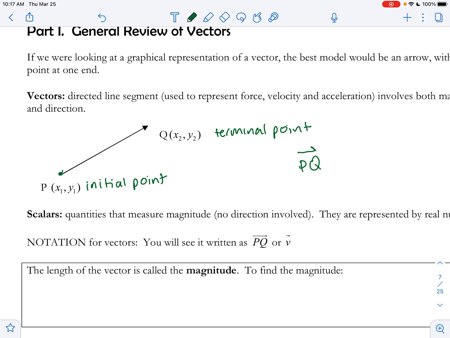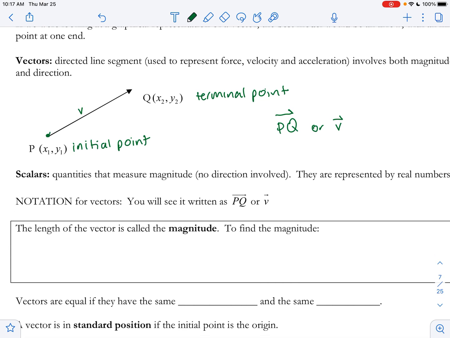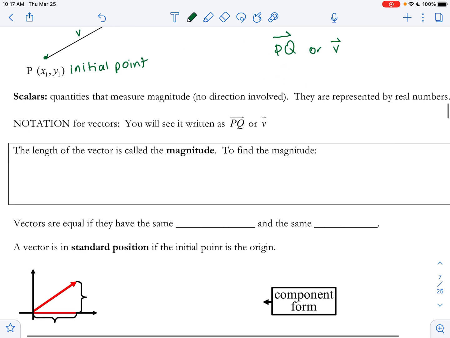Or sometimes, just like with lines in geometry, you see a single letter, commonly called vector v, and if the v is written somewhere between P and Q, that's another way of naming a vector. Scalars are quantities, usually a constant value, that represent magnitude but don't have any direction tied to them. So the notation for vectors is highlighted below here.